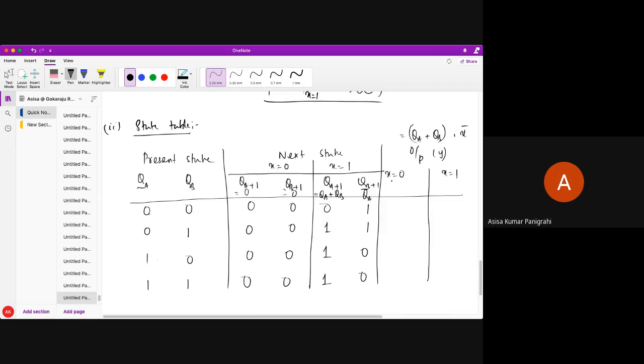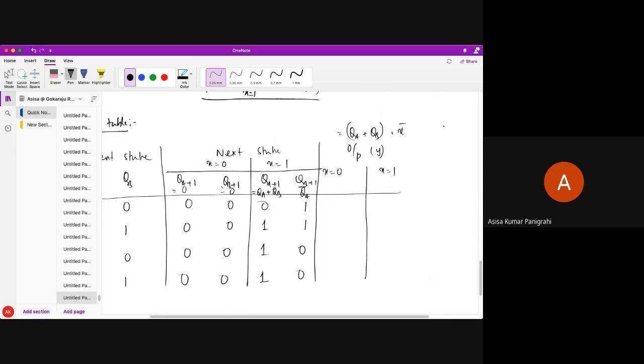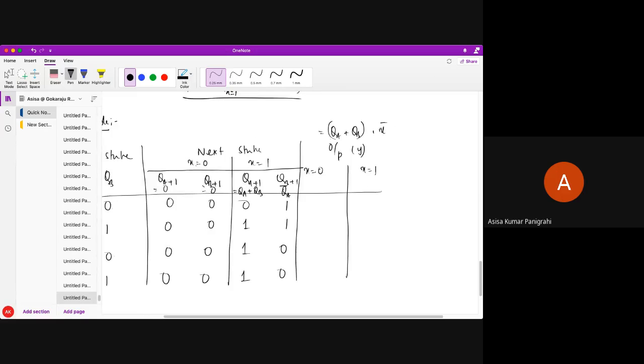Now you can find out, for x equal to 0, what is your output. Just put these values over here. For x equal to 0, you will put 0 bar. If you put 0 bar, what will happen? 1. So this will be QA or QB. Understand? If I put x equal to 1 over here, 1 bar is 0. So this output is always 0.